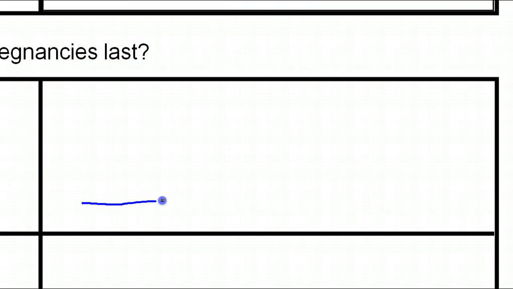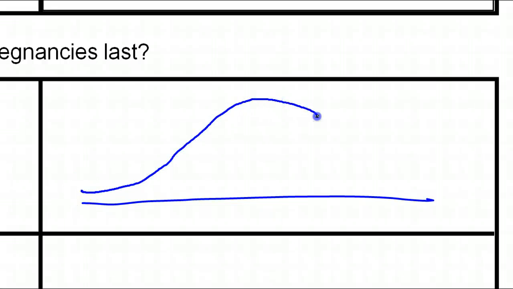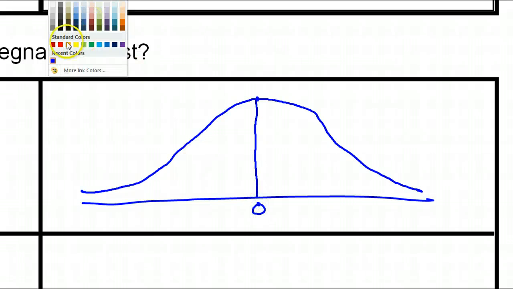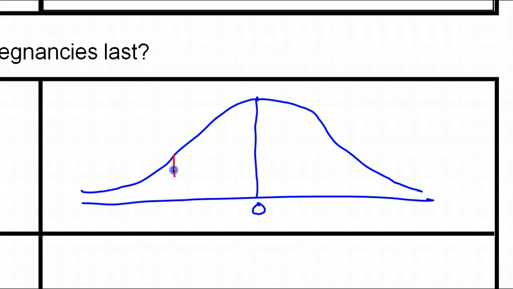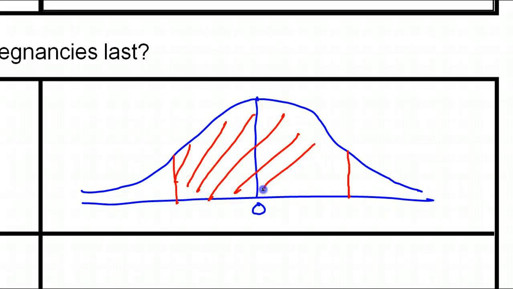While we're at it, let's go ahead and get our z-score distribution set up. Z-score always has the 0 in the middle. And okay, once again, this is our 90%.